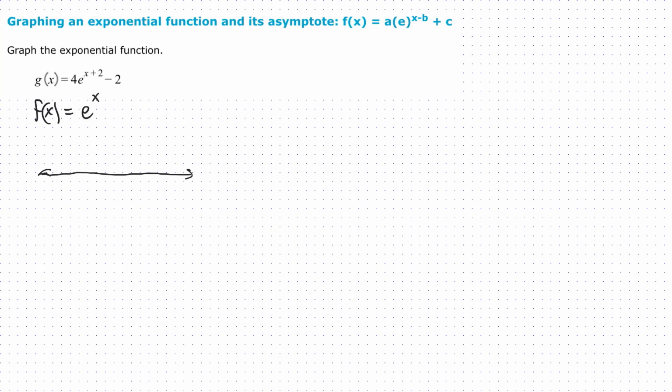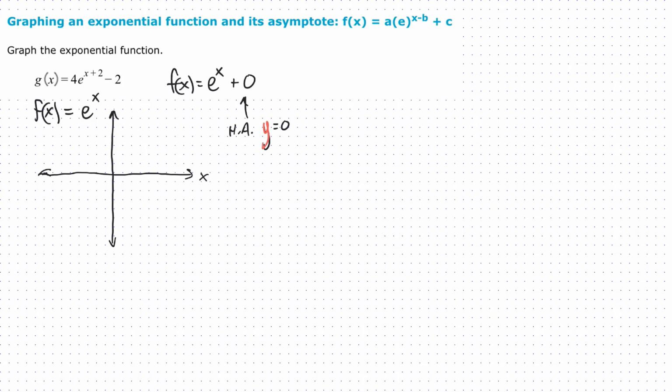So here's an x-axis, and here's a y-axis. The key there is, if you look at it as f of x is equal to e to the x plus 0, this in some ways gives you the horizontal asymptote. So the horizontal asymptote here is y equals 0.